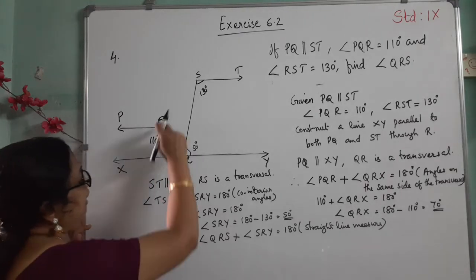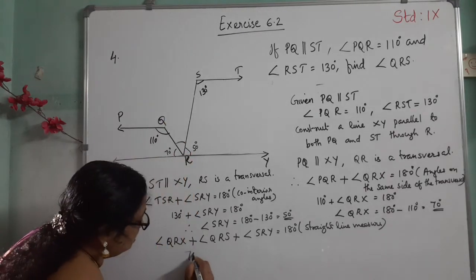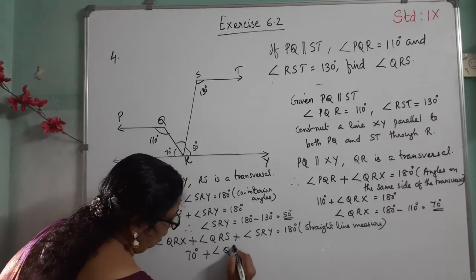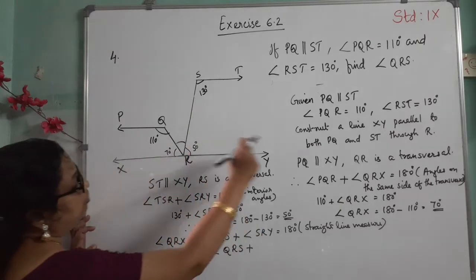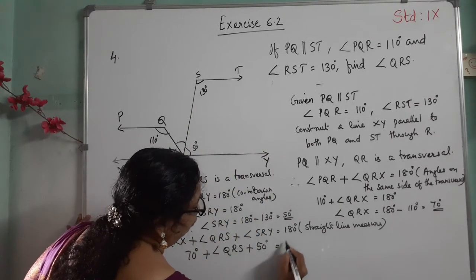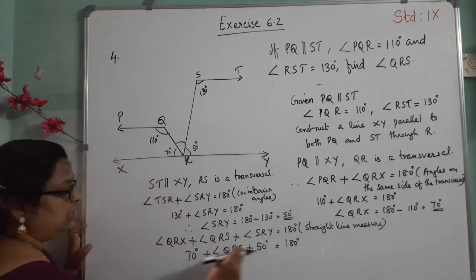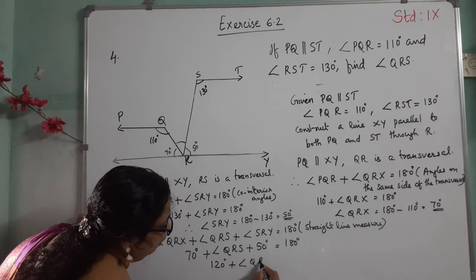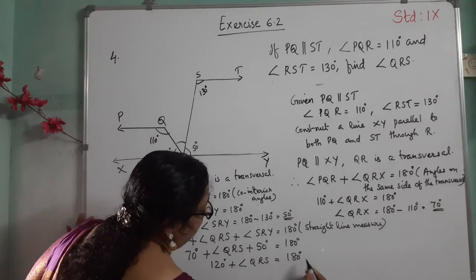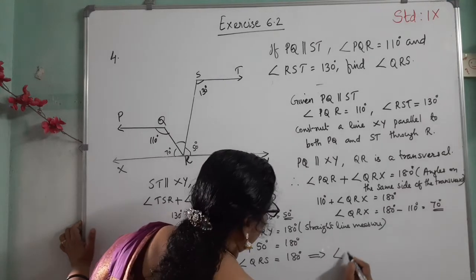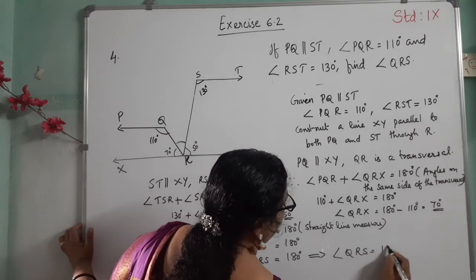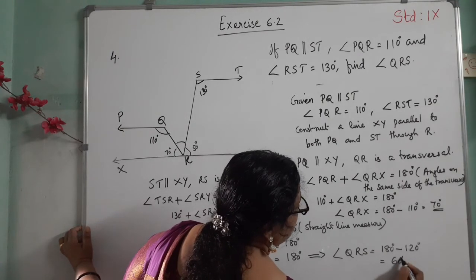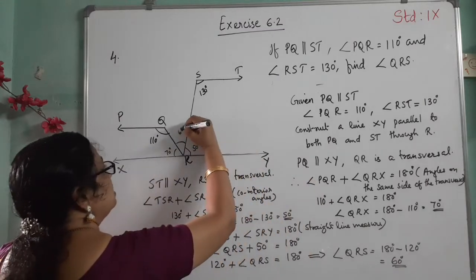Then angle QRX is 70 degrees plus QRS, that we want to find out, plus SRY, that is 50 degrees, equals 180 degrees. That is, 70 plus 50 is 120 degrees. That is, 120 degrees plus angle QRS equals 180 degrees, which implies that angle QRS equals 180 degrees minus 120 degrees, which equals 60 degrees. So this angle is 60 degrees.